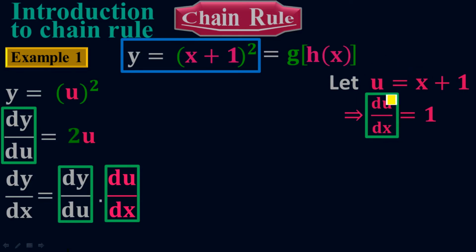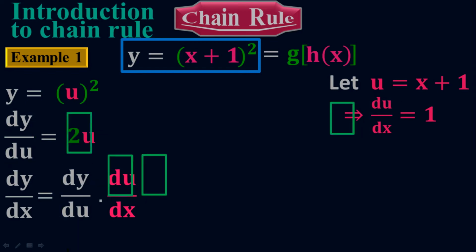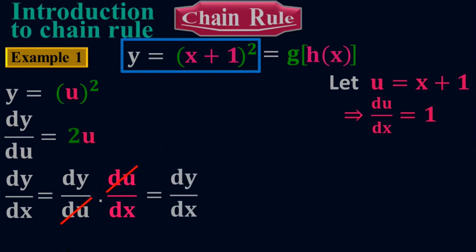After applying the substitution method, this equals dy over du, the derivative of the outer function, times the derivative of the inner function, which is du over dx, the differentiation of u with respect to x. How do we know that it equals dy over dx? Because you can simply cancel du with du, and at the end you will get the same dy over dx.